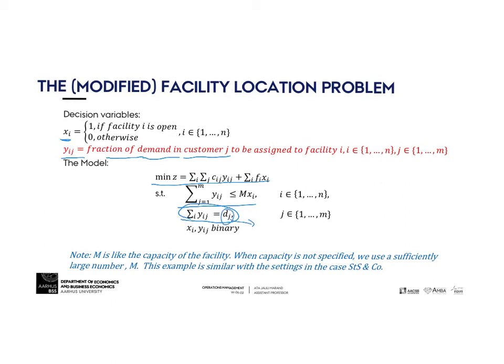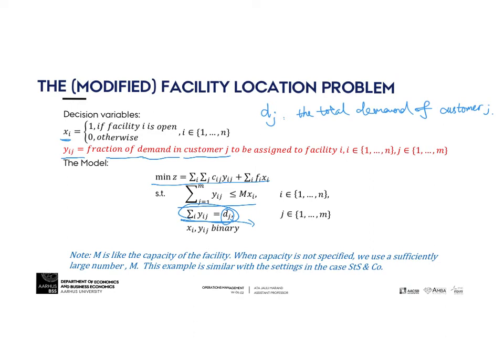Here we should add one parameter, d_j, the total demand of customer j. This constraint makes sure all the customers' demand will be satisfied.